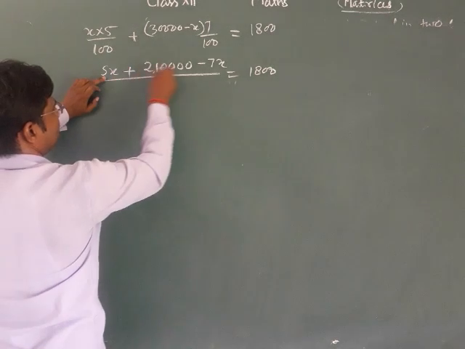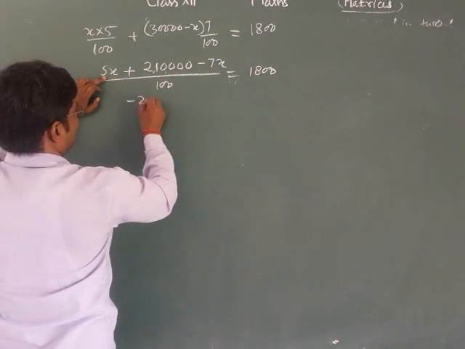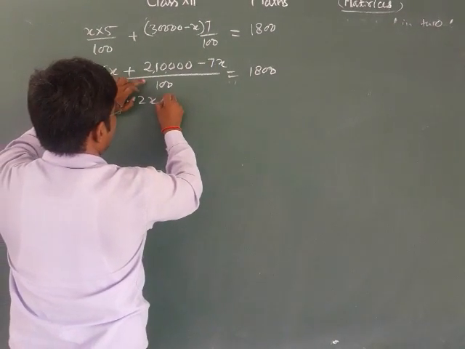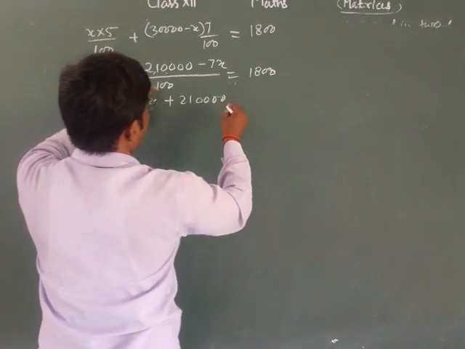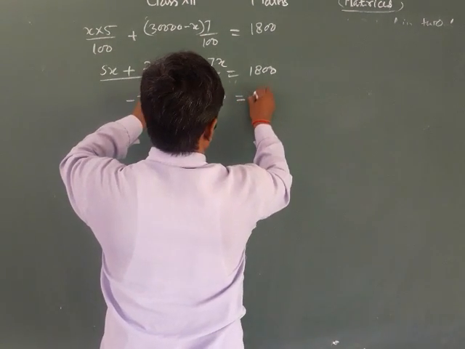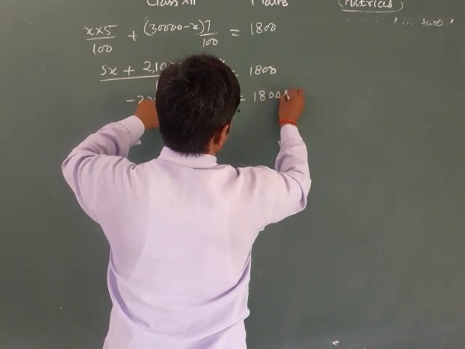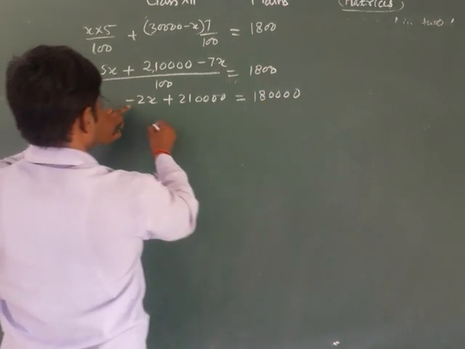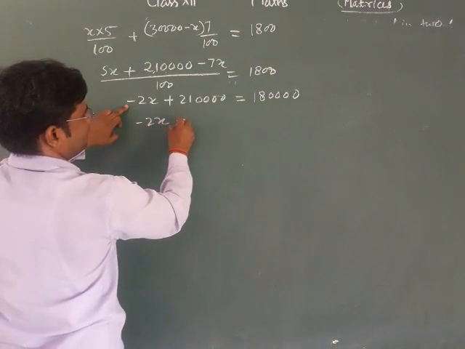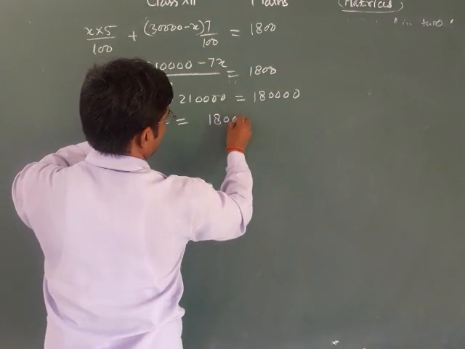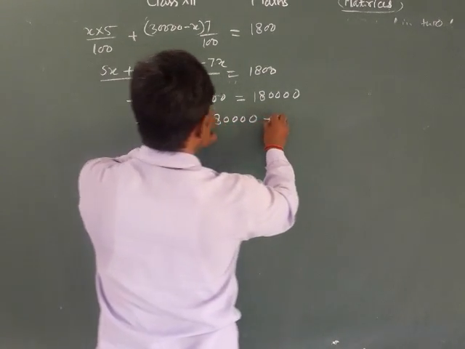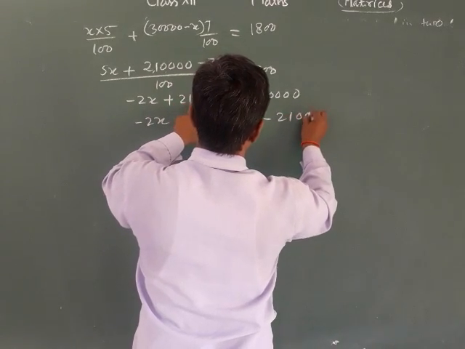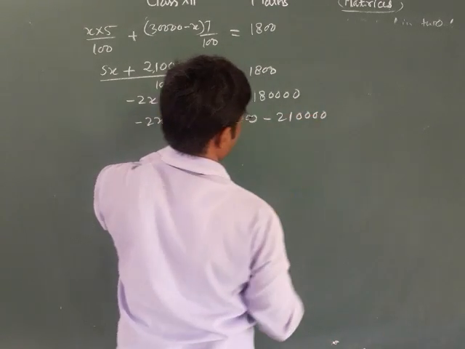So 5x minus 7x, plus 210000, is equal to 180000. Now minus 2x is equal to 180000 minus 210000.